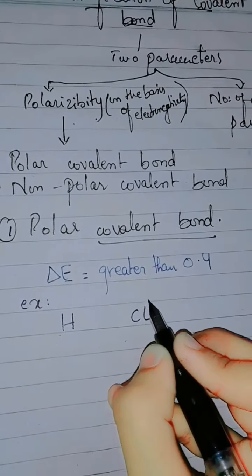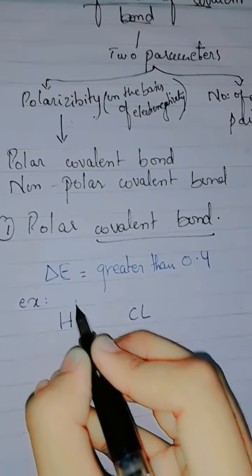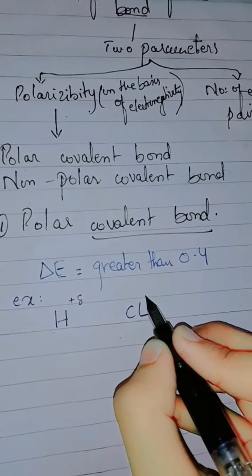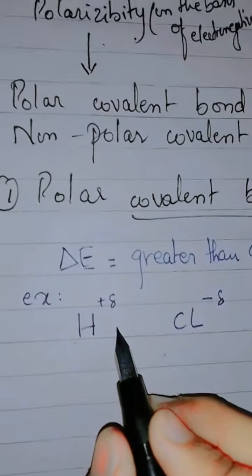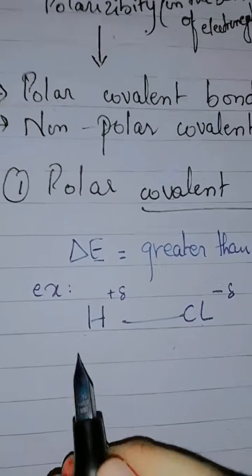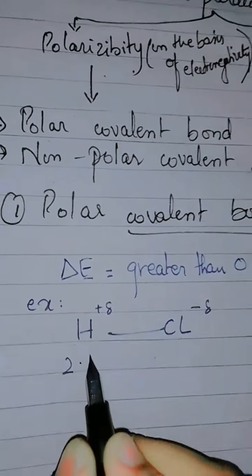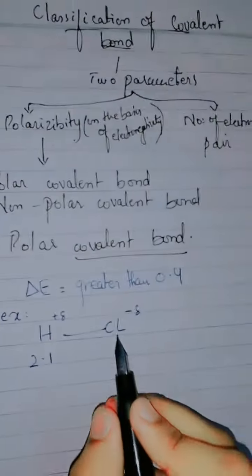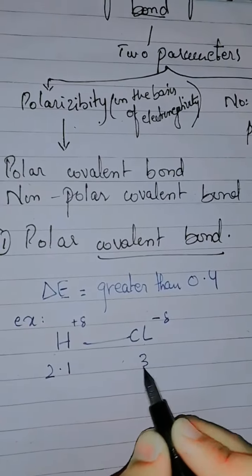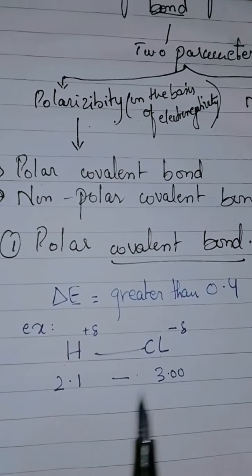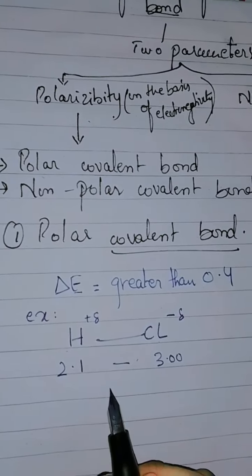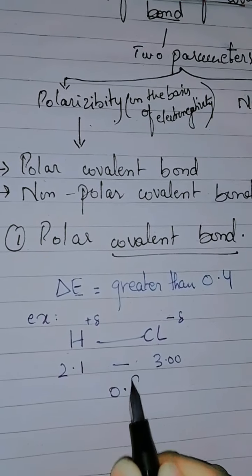HCl. H has partial positive charge and chlorine has partial negative charge. So the electronegativity of hydrogen is 2.1 and the electronegativity of chlorine is 3.00. So the difference of these electronegativity will be 0.9.